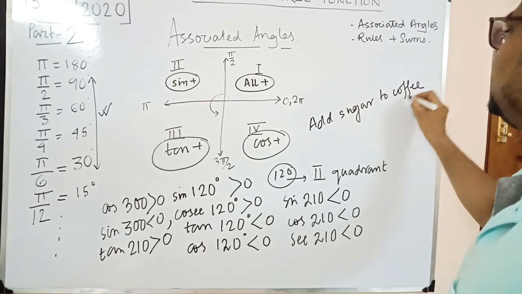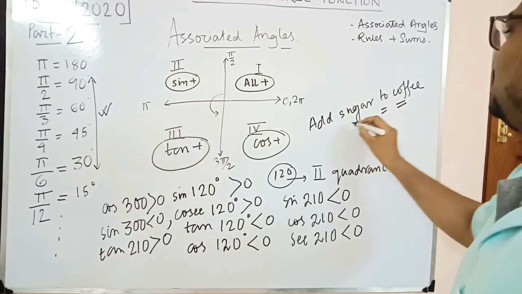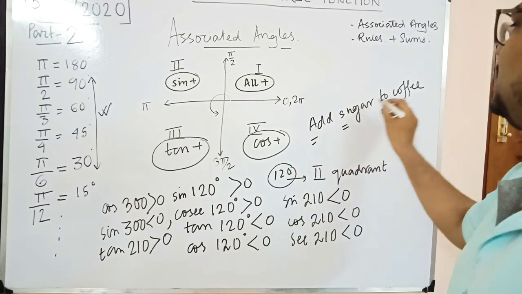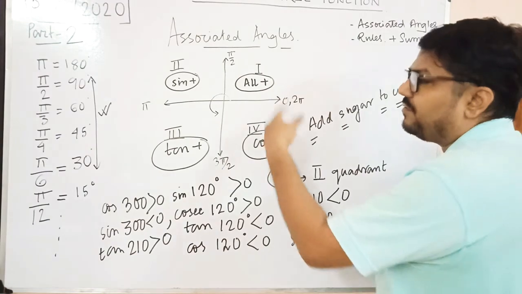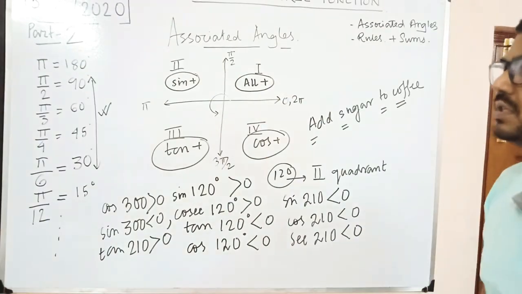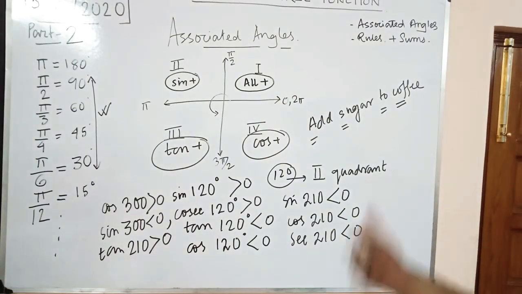This is just for remembering: all sin tan cos, add sugar to coffee. Hope you now know about the positive and negative signs of the trigonometric functions in this grid. Now we will discuss in detail how the values are generated.